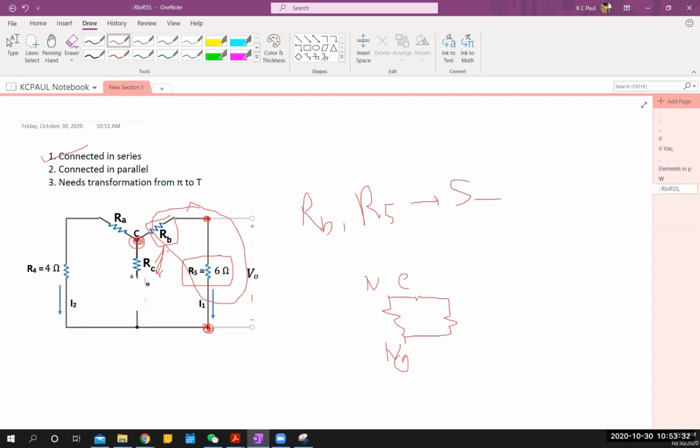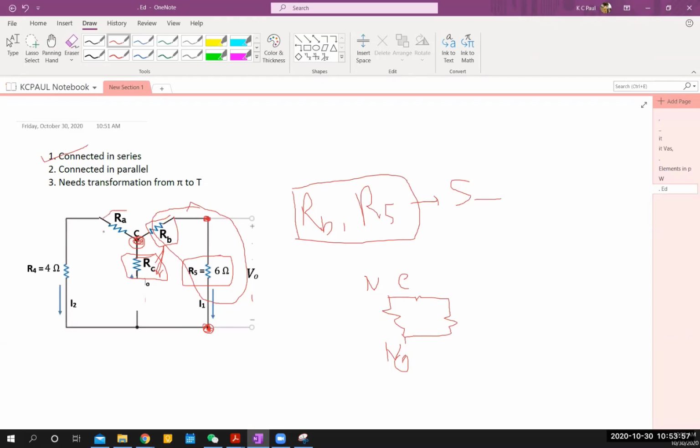So these two are neither connected in series nor in parallel. But if you think about the combination of these branches and this RC, then they are parallel. Other than that, directly RC and R5 are neither parallel nor series. Similarly, RB and RC are neither series nor parallel.